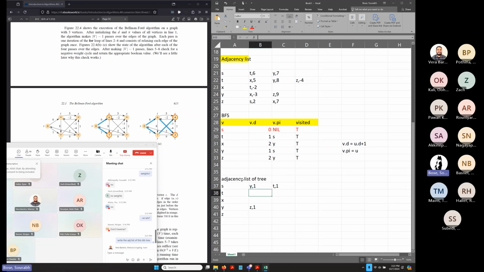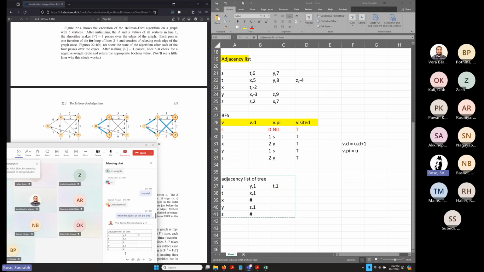From T, I go to X with a cost of 1. X contains nothing. Z contains no outgoing thing. Is this correct or incorrect? If it is incorrect, let me just type this out in the chat. You guys can edit this and return it back to me. So I say this is the adjacency list of the tree. Fix it for me.